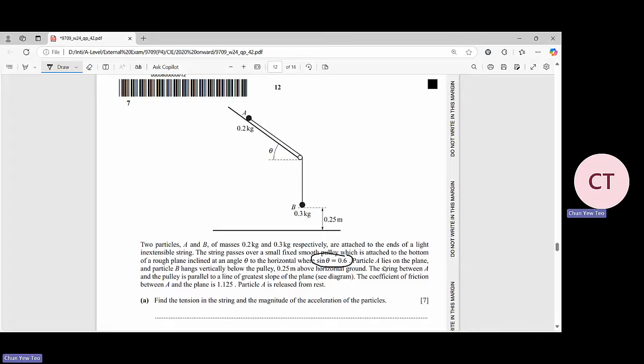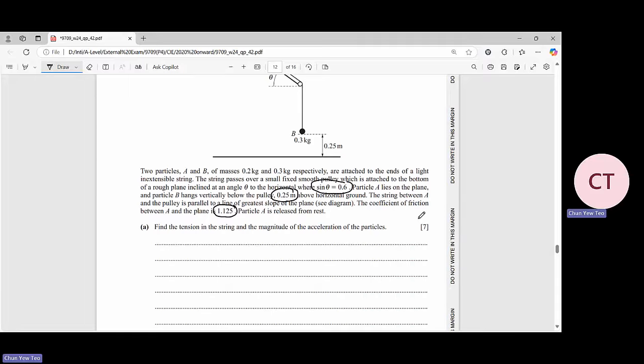Particle A lies on the plane and particle B hangs vertically below the pulley 0.25 meter above the horizontal ground. The string between A and the pulley is parallel to the line of greatest slope of the plane. The coefficient of friction between A and the plane is 1.125. The particle A is released from rest. Find the tension in the string and the magnitude of the acceleration of the particles.